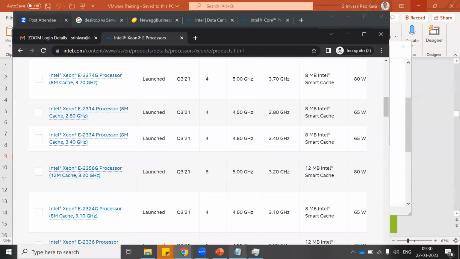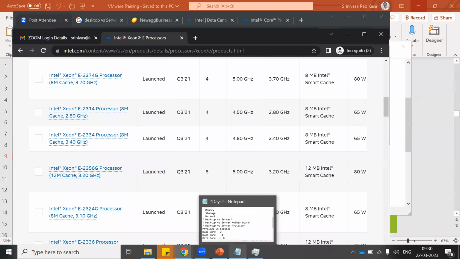That is the capacity. If I want to install that high-capacity processor on a motherboard, the processor has to sit on the motherboard. So I need to choose the right motherboard and the right processor.